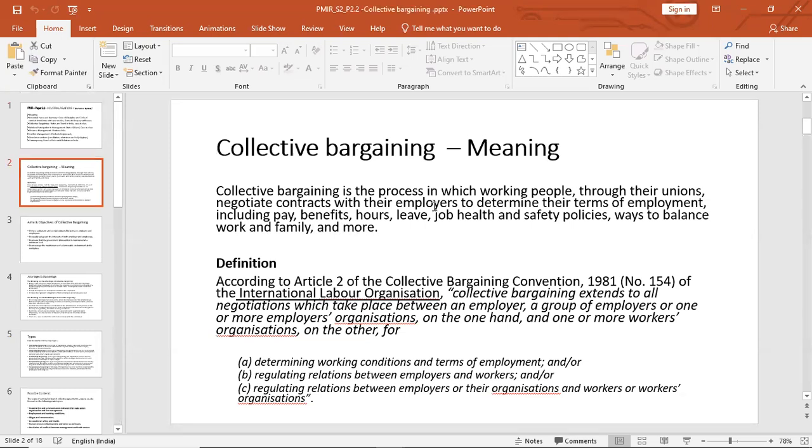What is the meaning of collective bargaining? The main objective is to ask for something as a group, or form a team to demand or discuss something with the other party.